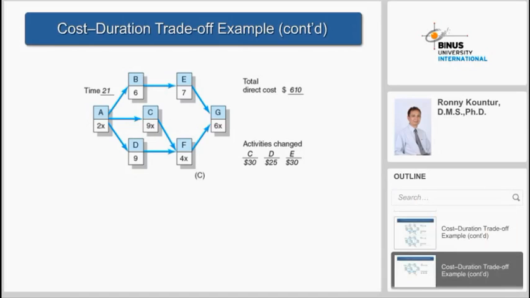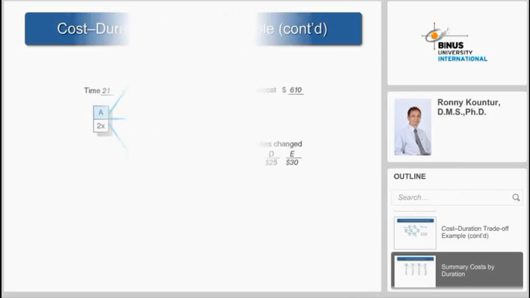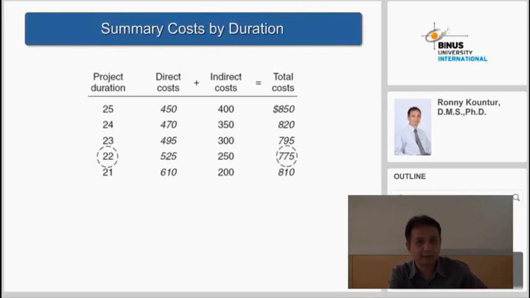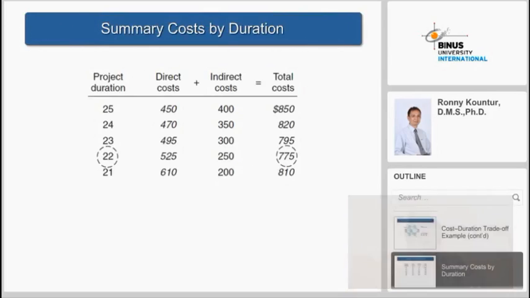So now look at the last table in this presentation, which is the summary of cost by duration. Notice in that table, when we reduce the project from 25 days to 24 days, the direct cost increased from 450 to 470, while the indirect cost decreased from 400 to 350.